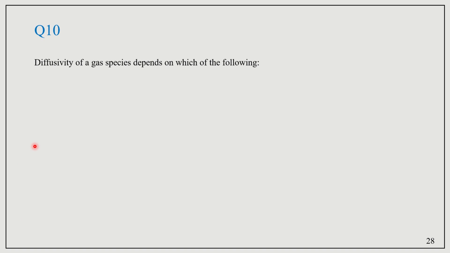In question 10, it is asked that diffusivity of a gas species depends on which of the following? Diffusivity is nothing but the rate at which that particular gas species can move through the mixture.